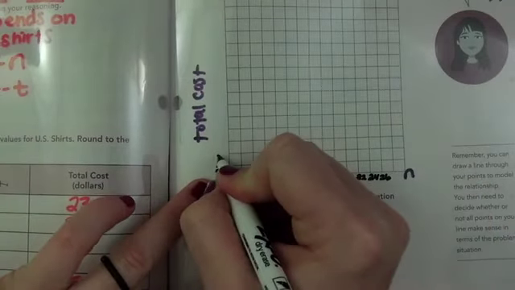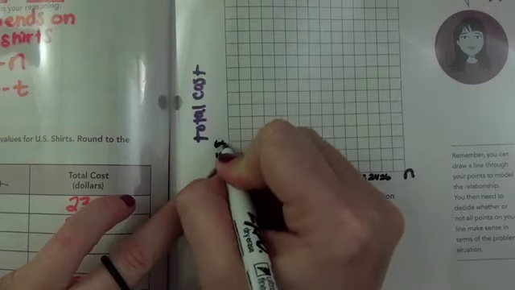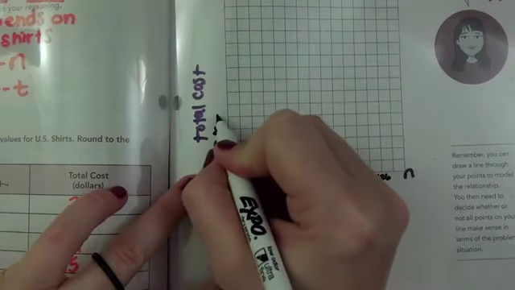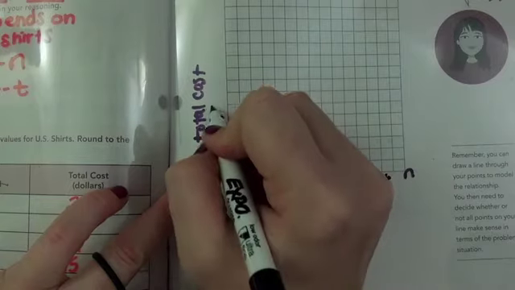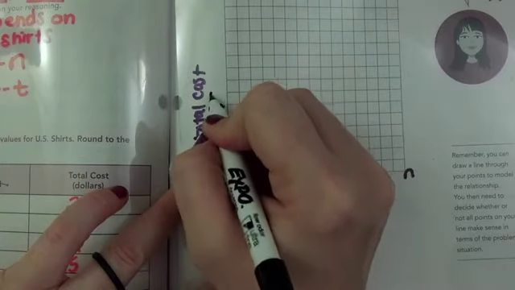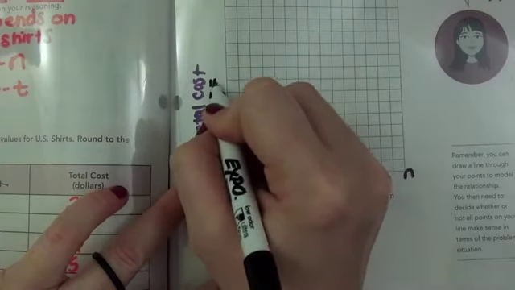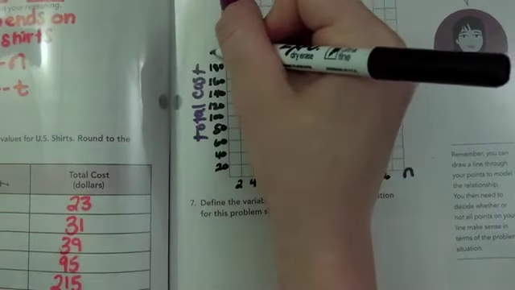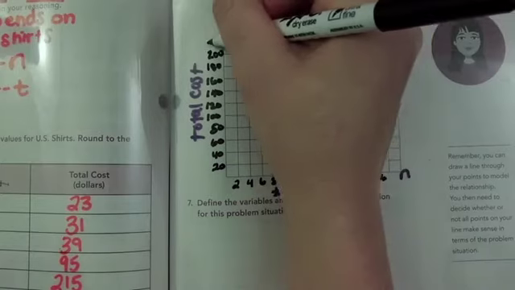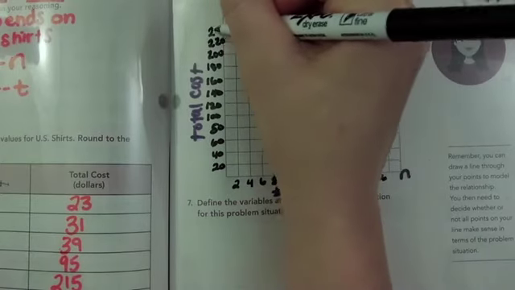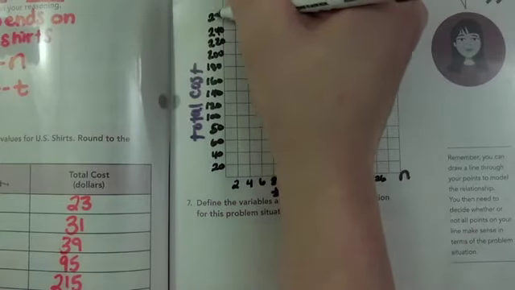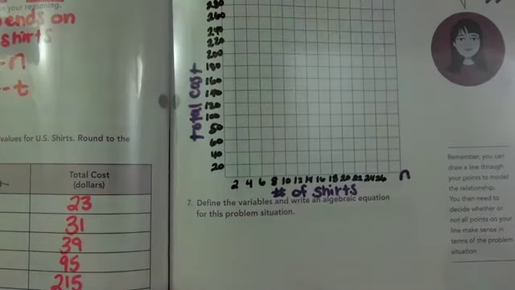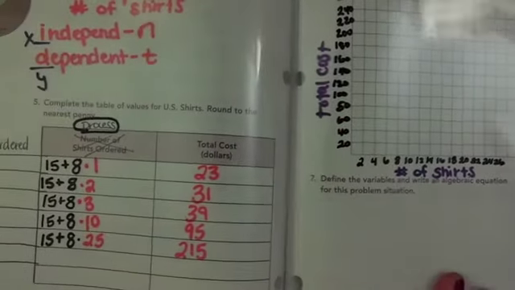So 20, 40, 60, 80, 100, 120, 140, 160, 180, 200, 220, 240, 260, 280. Okay, and so let's go ahead and graph those.